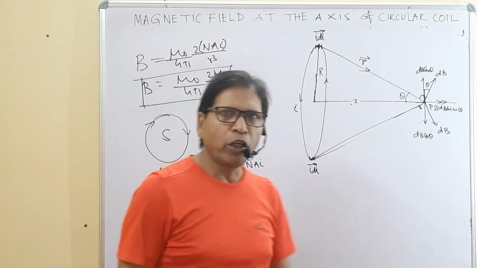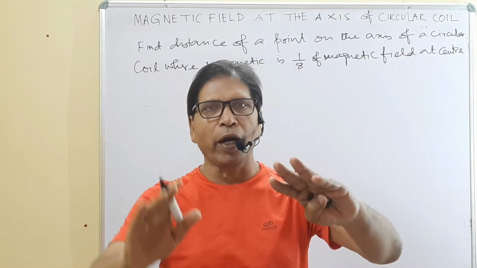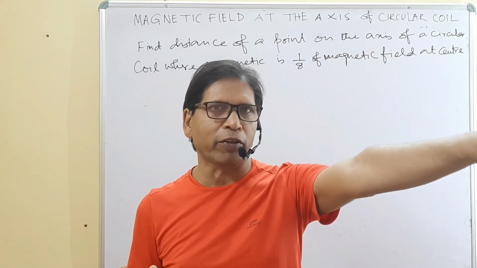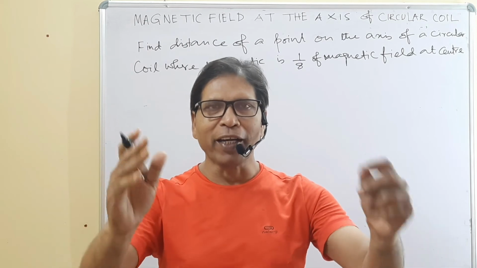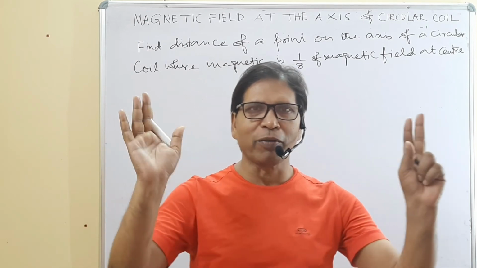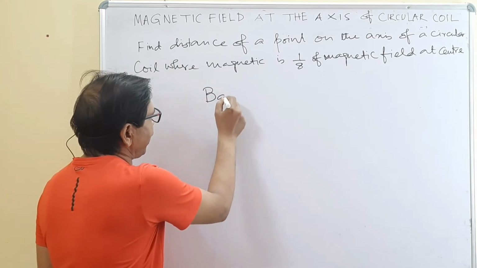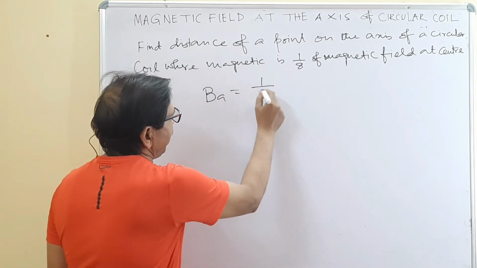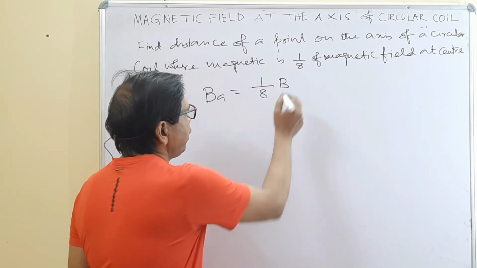Now a numerical. We have to calculate the distance of a point on the axis of the circular coil where the magnetic field is 1/8 of the magnetic field at the center of the circular coil. So the magnetic field on the axis is 1/8 of the magnetic field at the center.